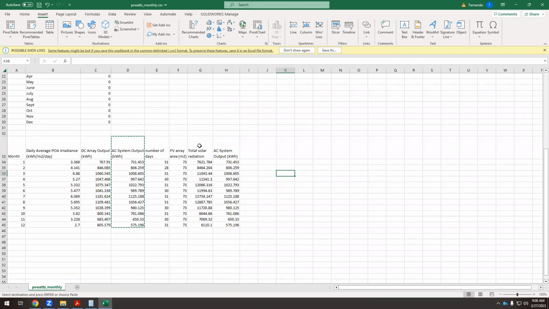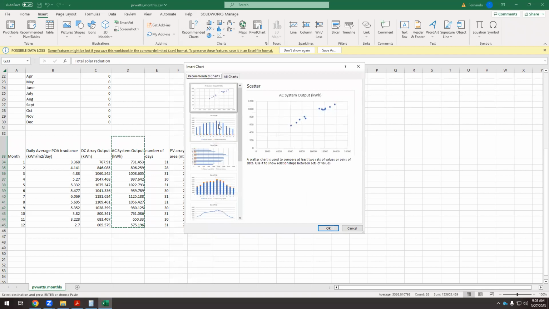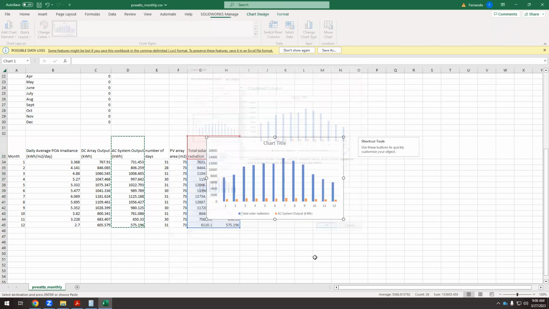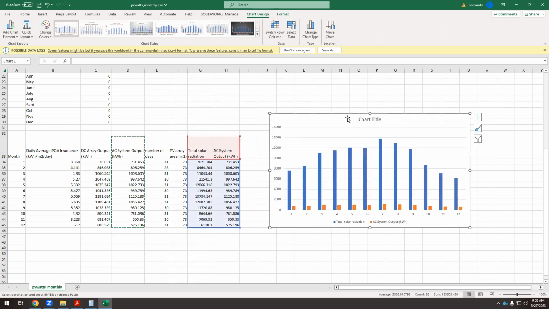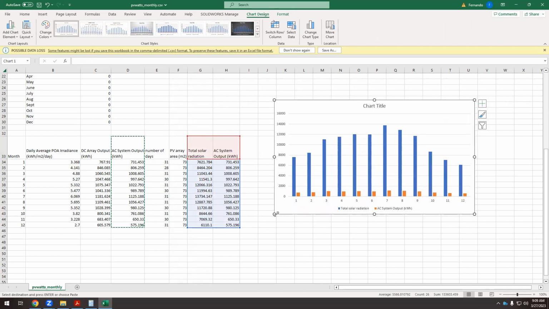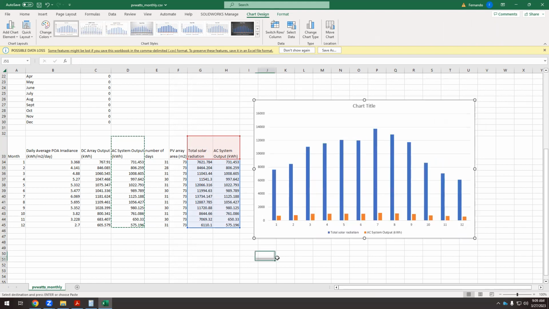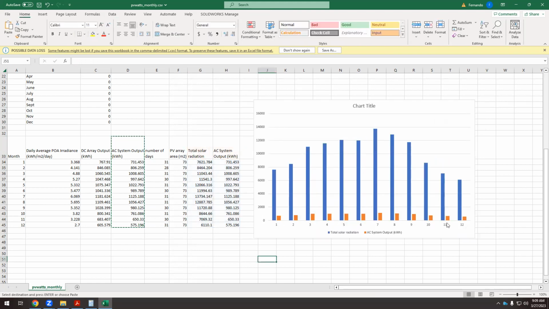So now here I have the total solar radiation and the AC system output. Now I want to select these two columns. I want to go to this chart. And here we can see visually the difference between the solar radiation that we have available and the actual electricity that we can produce.